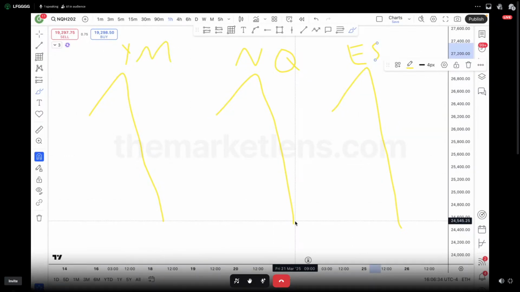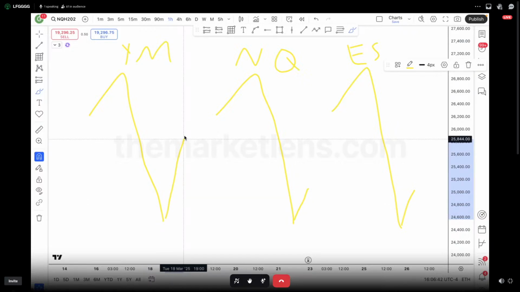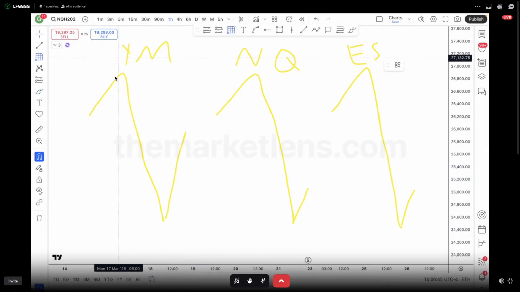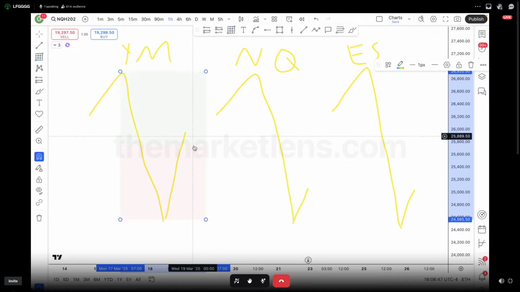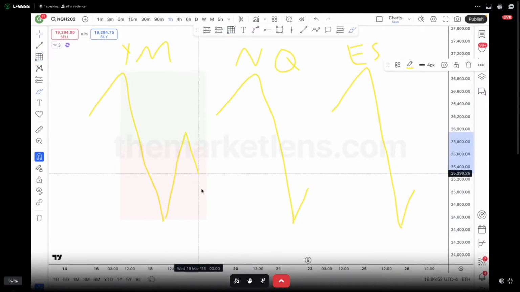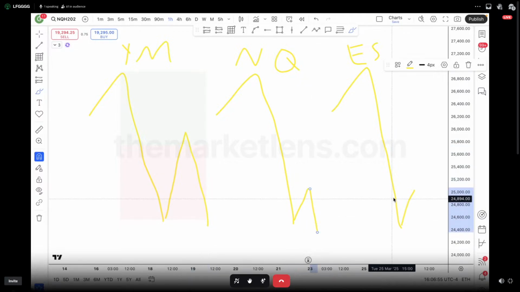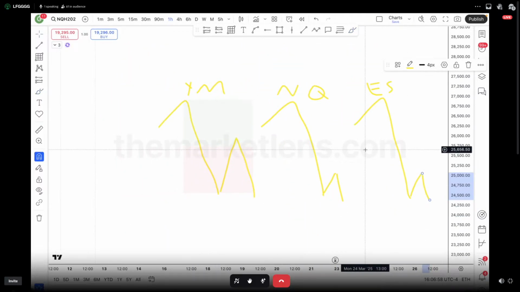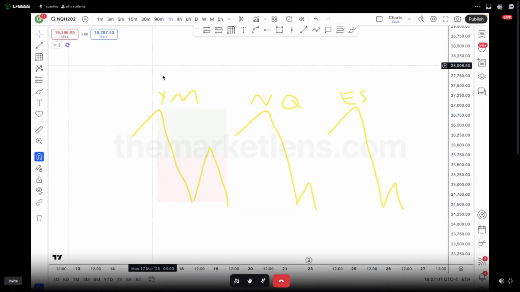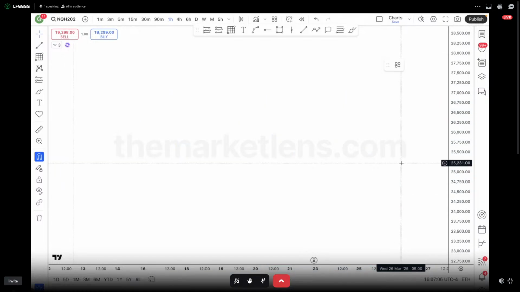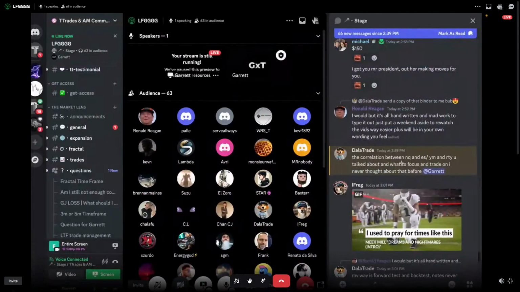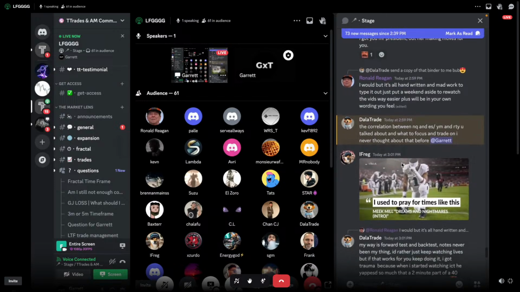Let's say these two assets are way in discount of the range, while the other asset looks super out of sync but hits premium of this range. This is when you want to see the stronger asset catch up to the weaker ones, when you want to see the stronger asset start to turn around. Does that make sense? That's just one way you can do it, there's a whole bunch of things. But generally, I will just use RTY, and if that's in sync, then I'll just use that. You know what I'm saying?